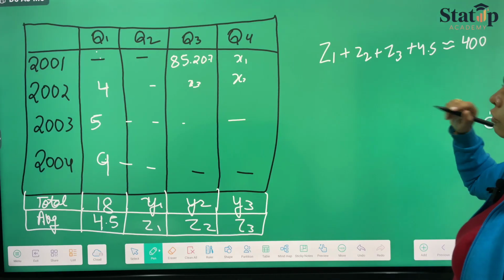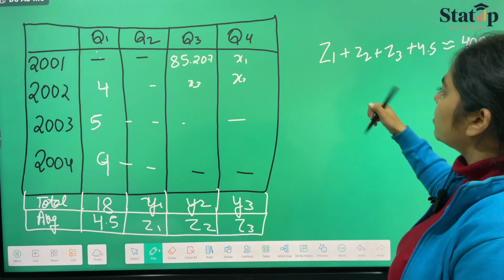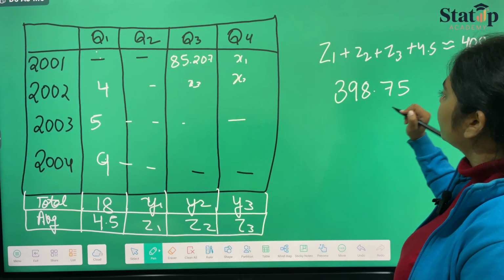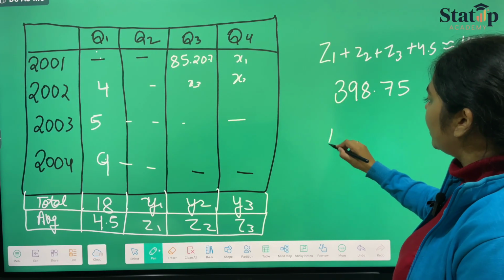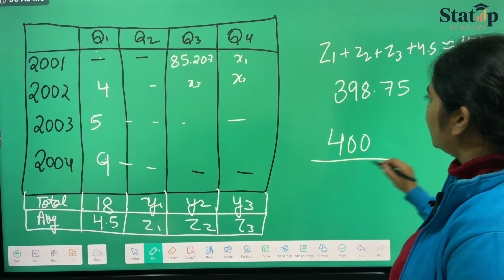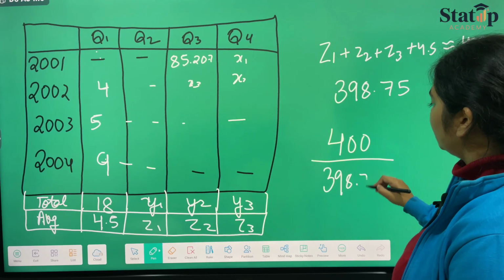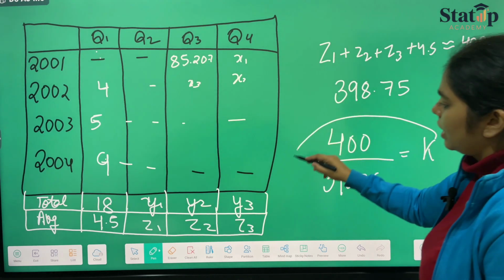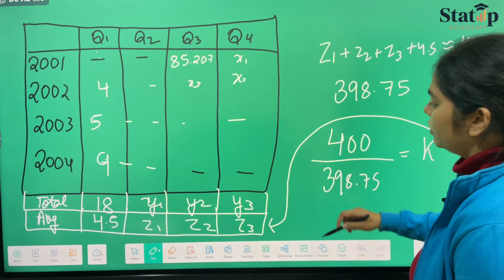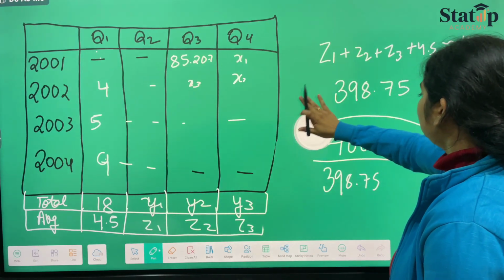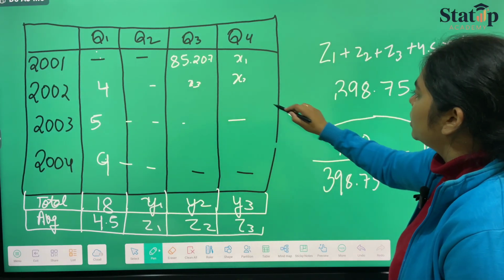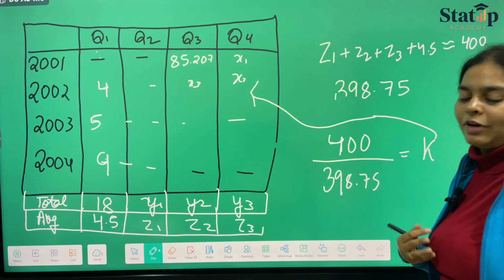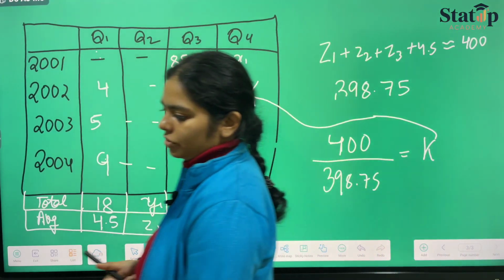If they are not equal to 400, suppose they are coming as 398.75. So we'll divide 400 by this number 398.75, and we'll get a value k, and we'll then multiply this k with each of these numbers here, and that would be our final answer for the calculations.